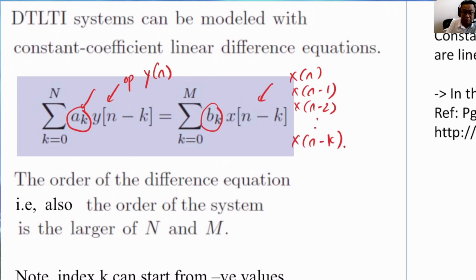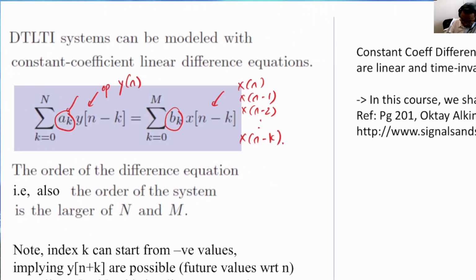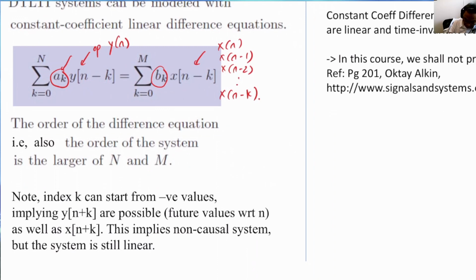Typically, our system is focusing on only causal systems, so we are not going to use future values. Although future values are possible in this equation, we're not going to use future values of the output as well as the input.